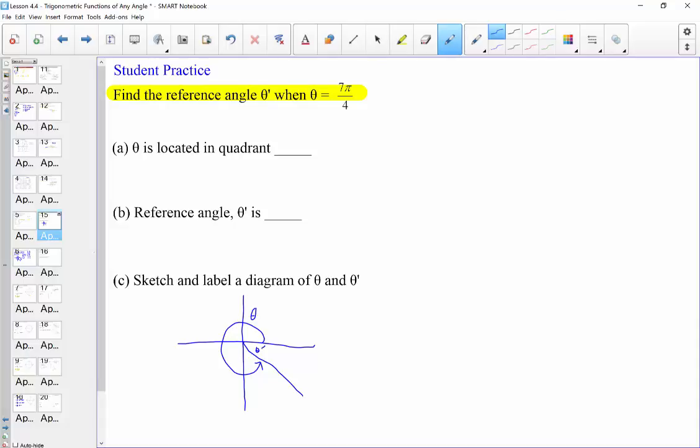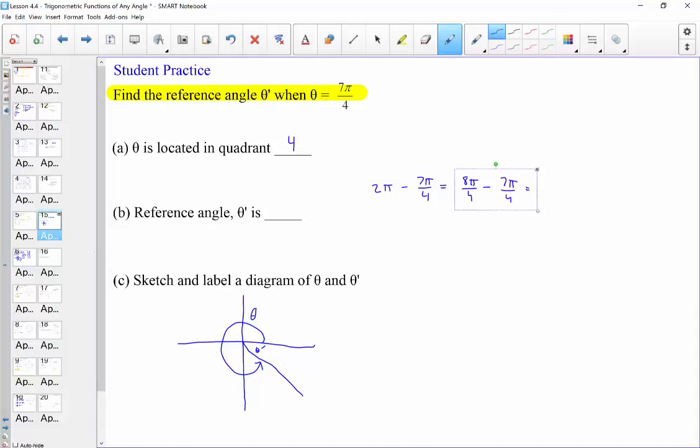So we know that we're in quadrant 4. In order to determine our reference angle, we need to subtract 7 pi over 4 from 2 pi. So 2 pi minus 7 pi over 4. We need to use a common denominator of 4. So 8 pi over 4 is equal to 2 pi, minus 7 pi over 4.